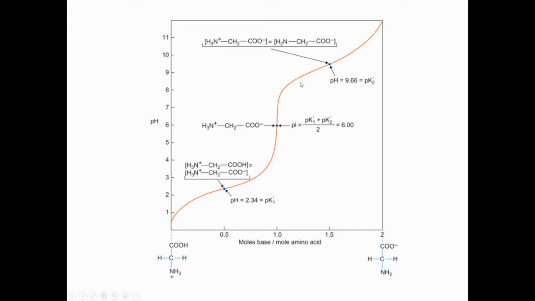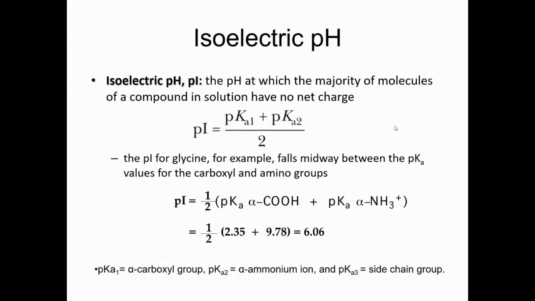It goes through this pK1, pK2, and then the pI at the neutral pH, where all the amino acid exists in this form. That's the pI, the isoelectric point. That's the pH at which the majority of molecules of a compound in solution have no net charge.